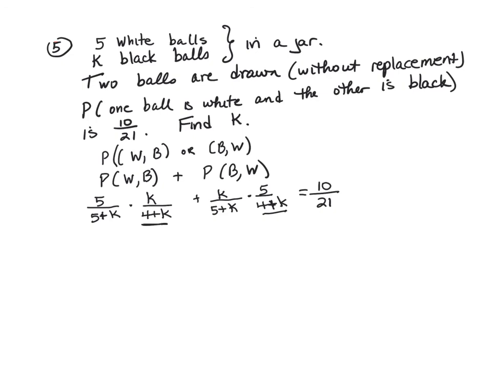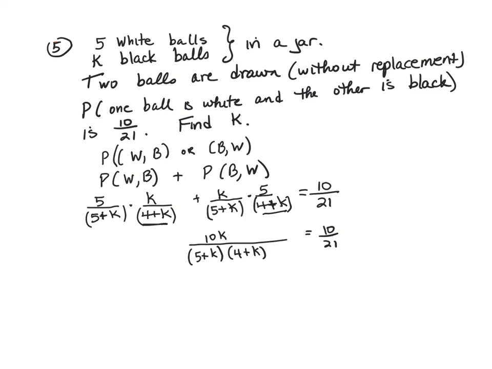Because the denominators are the same, we could combine the numerators and get 10K over (5 plus K) times (4 plus K) equals 10 out of 21, since 5K plus 5K is 10K. But we've got to put these in parentheses, the binomials.